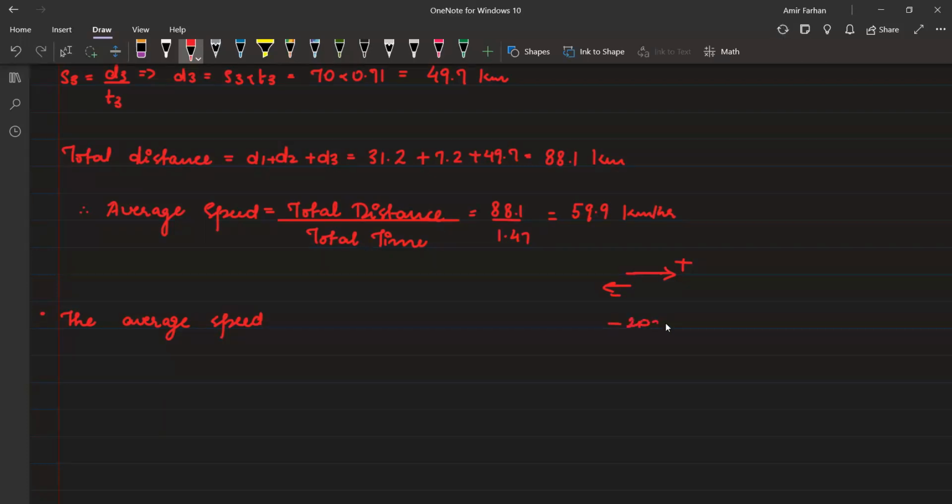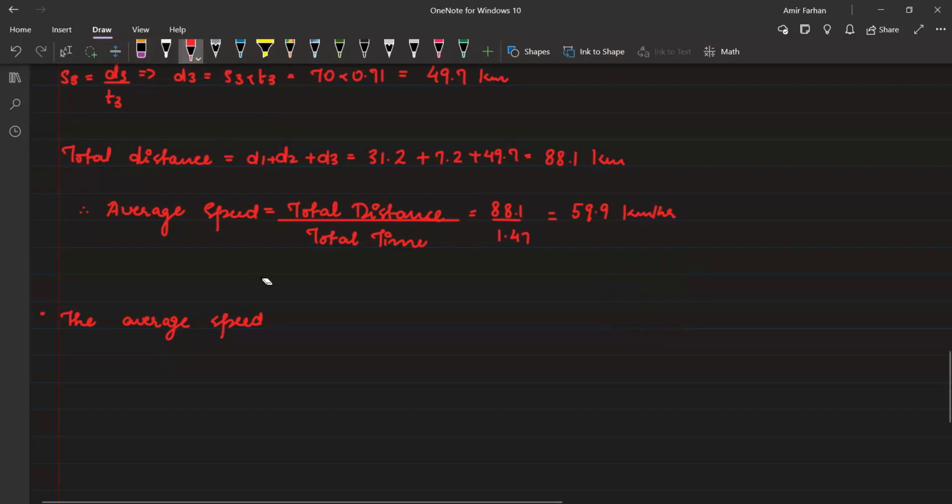A displacement of negative 20 meter means the displacement is in the opposite direction. The negative sign shows only the direction.